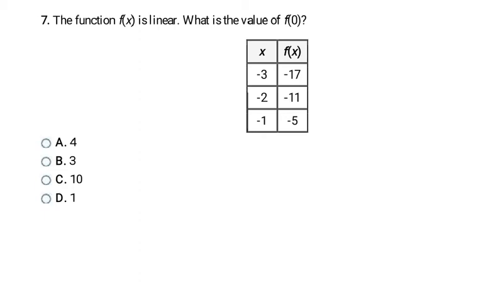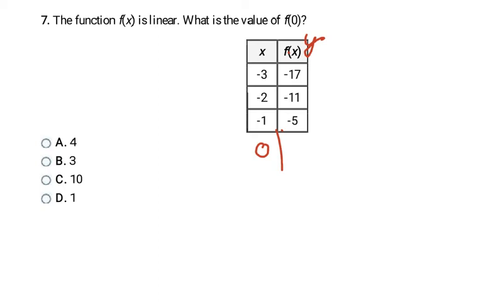Well, if we look at our x column, it goes -3, -2, -1. So if those numbers are getting closer to 0, it's increasing. So if I continue this side, the next one up is 0 if I continue the pattern in the x's. So I'm just going to continue the table on the f of x side, or this is also the y side. F of x is another name for y.